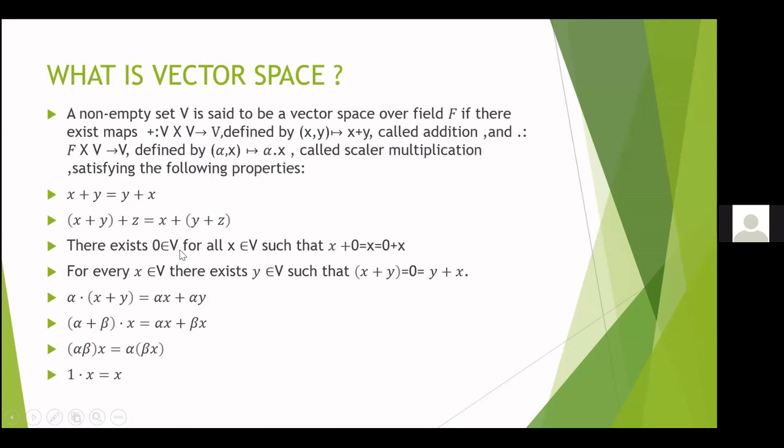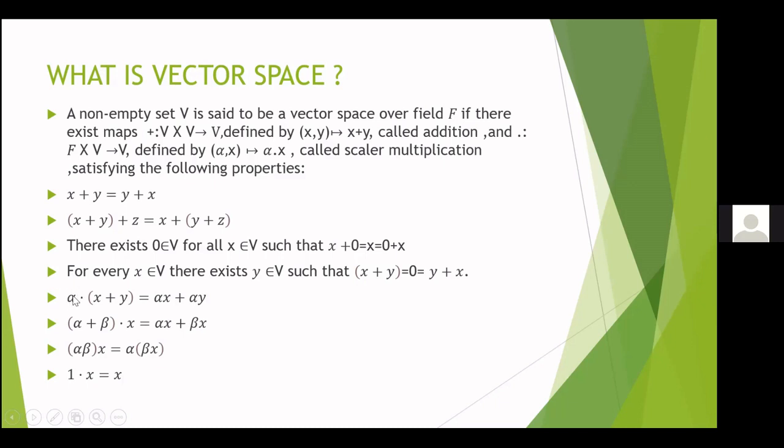There exists 0 belonging to V such that for all X belonging to V, X plus 0 is equal to X, which equals 0 plus X. This is known as existence of identity. For every X belonging to V, there exists Y belonging to V such that X plus Y equals 0, which equals Y plus X. This is existence of inverse for each element of V.